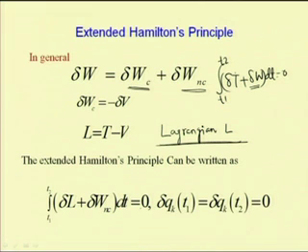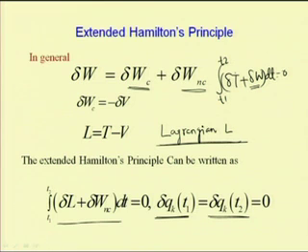In this way one can derive this extended Hamilton principle from the physical coordinates to the generalized coordinates also. In case of generalized coordinates, instead of delta r i, one can use delta q k. Previously it was written in terms of the total kinetic energy plus the work done, and here it is written in terms of the Lagrangian of the system and the non-conservative work done.